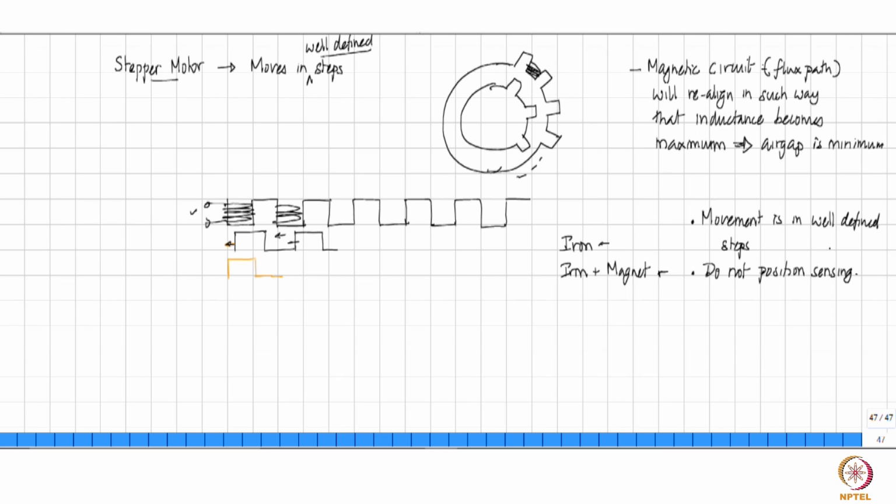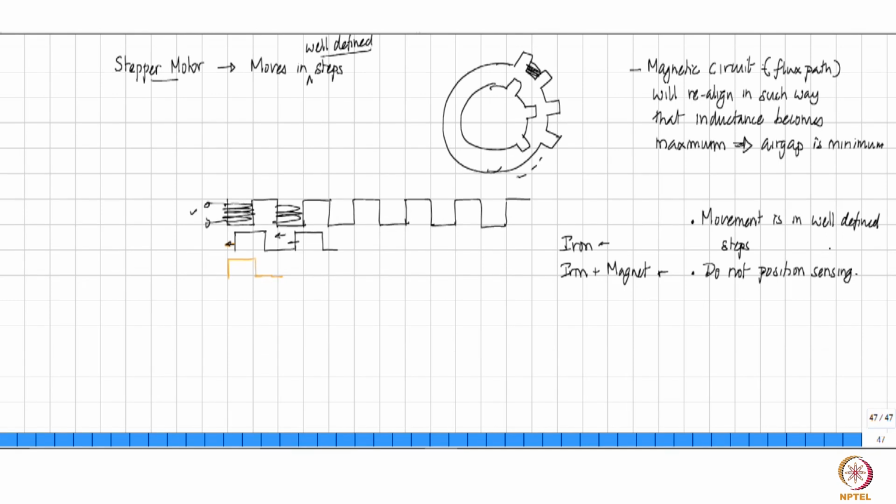Why you don't need to sense the position? Because if you somehow have an independent way of determining where you are starting, right, then depending on the number of such signals that you have given to energize, first energization given now, you know that the rotor has moved by a delta theta.